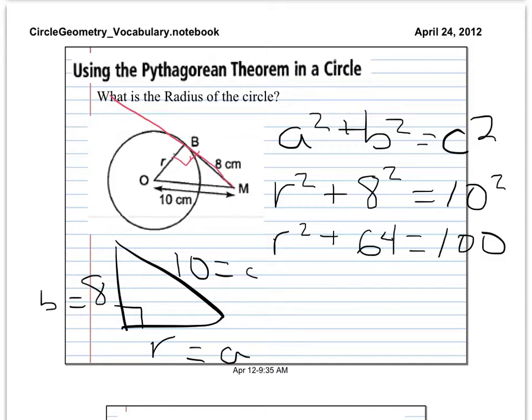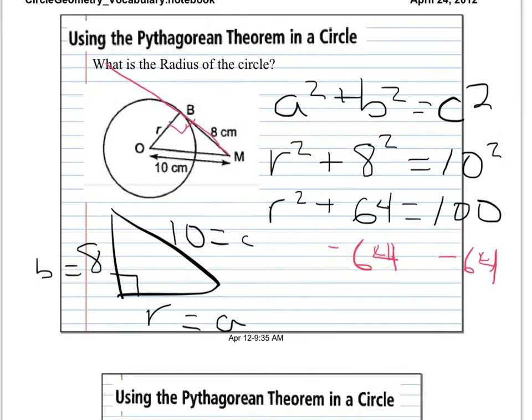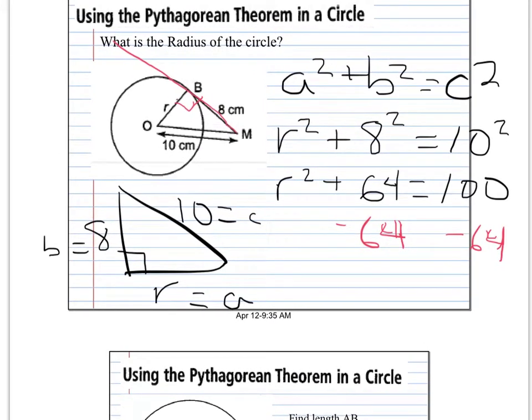Now you want to find r on its own. So we're going to subtract 64 and subtract 64. And the last part now, r squared is equal to 36. Find the square root of that. You get r to equal 6. So your radius here in this circle will be 6.